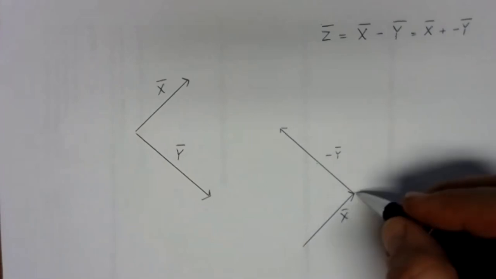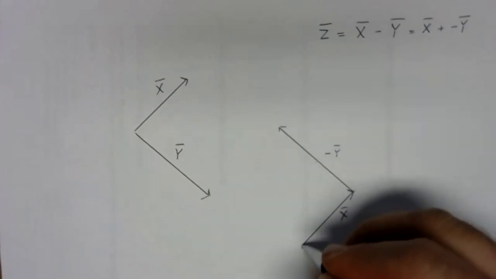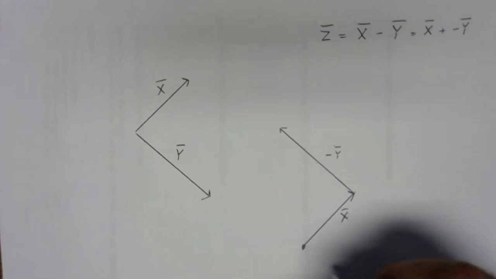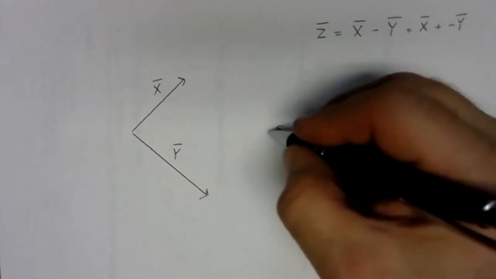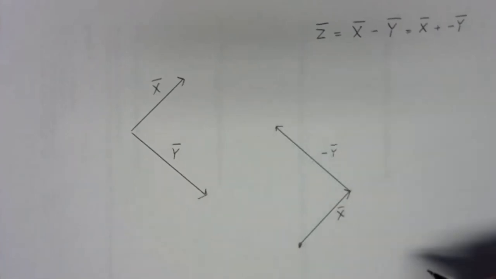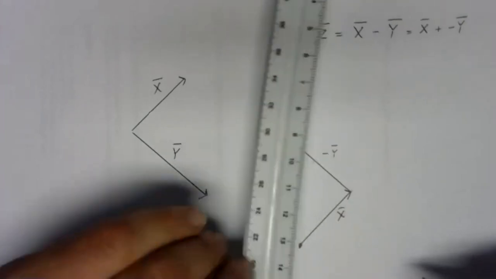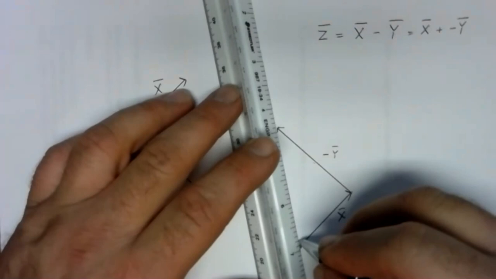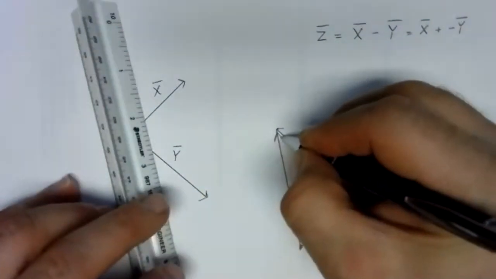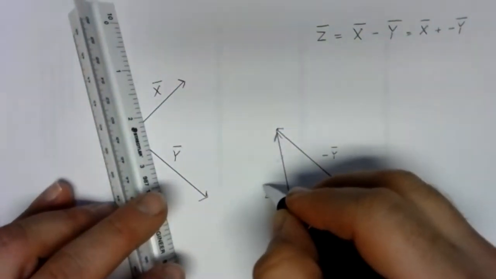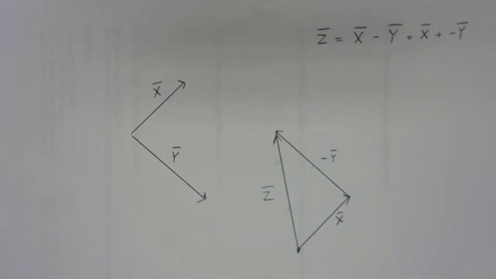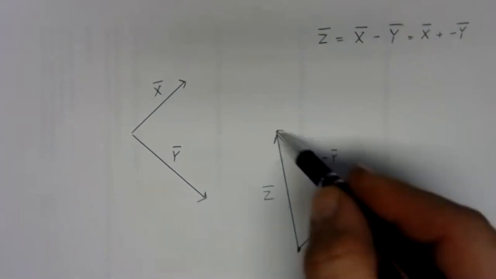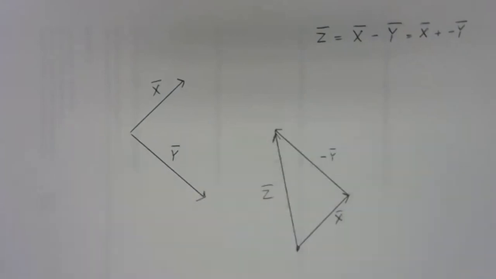We're doing X plus negative Y. We're starting here at the tail of X, and we're ending at the head of Y. So our answer is an arrow connecting those two. That would be vector Z. Vector Z is X plus a negative Y.